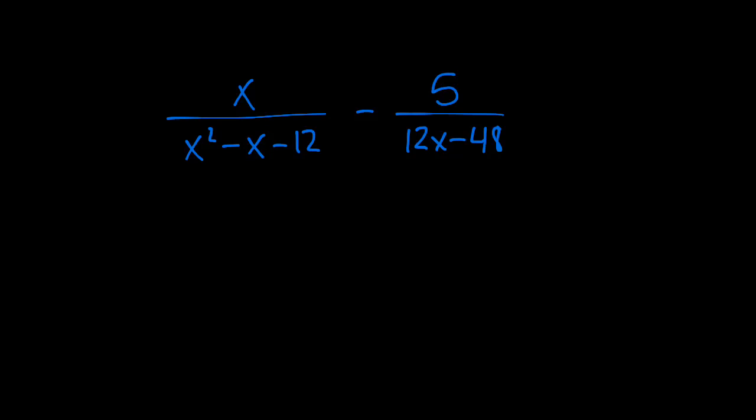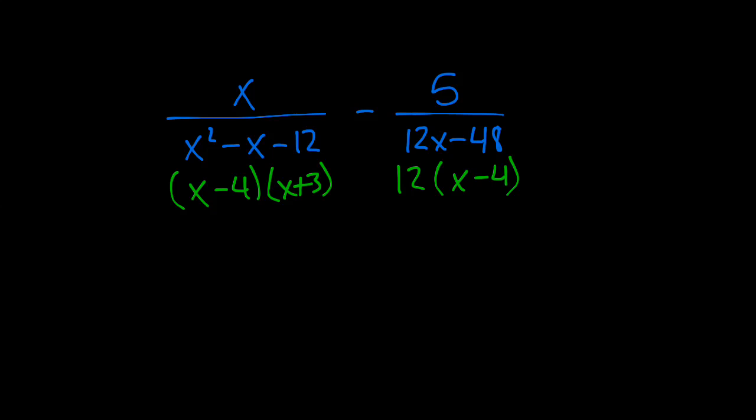So I hope that you're catching on by now, so maybe we can move through a little faster. Factor the denominators. So x squared minus x minus 12 factors into x minus 4, x plus 3. 12x minus 48, we can pull out a 12, and we're left with x minus 4.